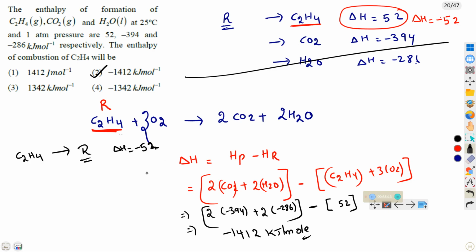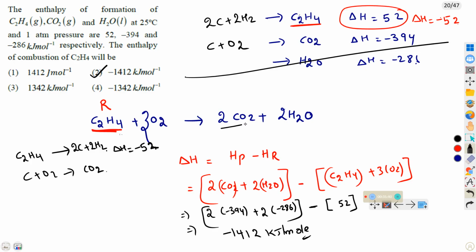After that, C plus O2 gives rise to CO2. Write the complete reaction. So this R is 2C plus 2 moles of H2. Now C plus O2 gives rise to CO2.